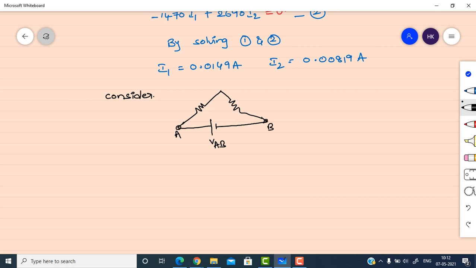This is open circuit only. So in place of that, to find out the voltage, I am replacing the open circuit with the unknown voltage that we are measuring. This is 1 kilo ohm and this one 220. And in this loop, the current flowing is I2. So this 1 kilo ohm resistor, in this the current flowing is I1.